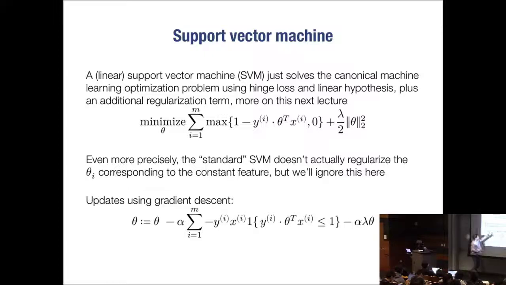A support vector machine is just minimizing a hinge loss term, plus what's called a regularization term, which is a penalty on the weights.